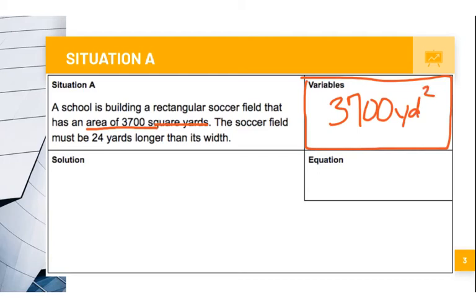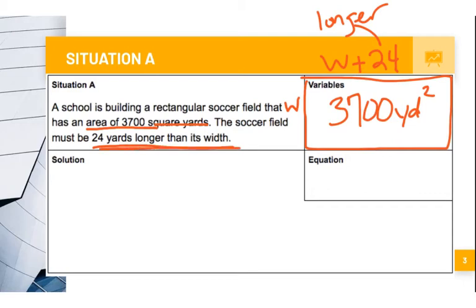Cool. All right. So the soccer field must be 24 yards longer than its width. So if the width is the shorter of the two sides, the length would have to be W plus 24, right? So this is 24 yards longer, specifically compared to its width.